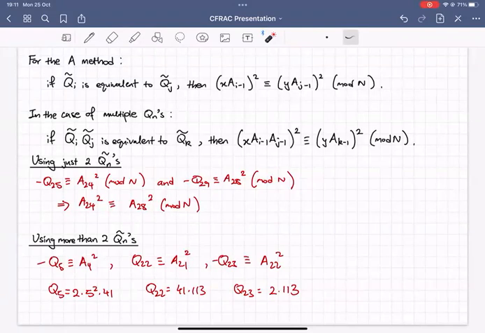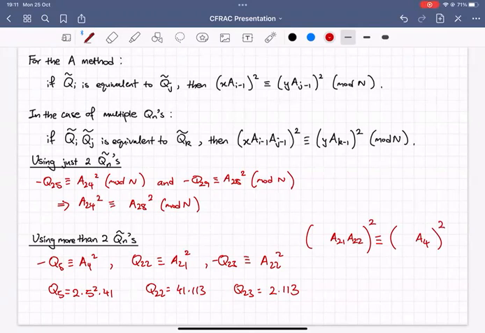Yep. So you want to put A21 and A22 together. You'll see what I mean. If A21 and A22 are here, and A4 is here, so these will be squared.